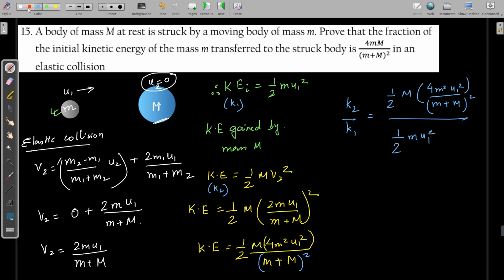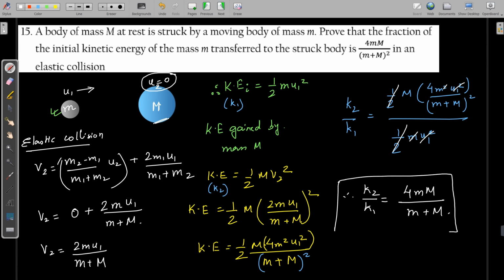So if I take this, half gets cancelled, small m cancels, u1 square gets cancelled. Therefore K2 by K1 equals 4 small m capital M by (small m plus capital M) whole square. Is it clear? Okay.